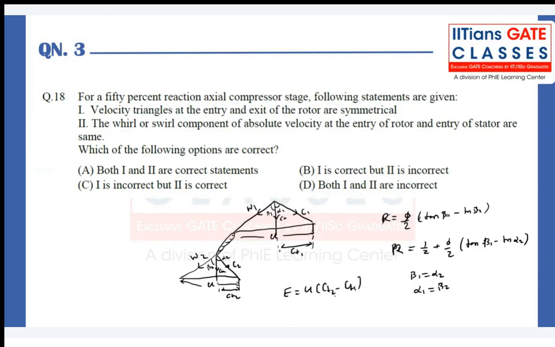If those two are the same, then I am expecting no energy transfer at all. That means this compressor is useless. But 50% reaction by definition itself says there is work being done by the rotor stage. So that is why there is a work transfer, that we already know. So these two components cannot be the same. They are different. So the second statement is wrong.